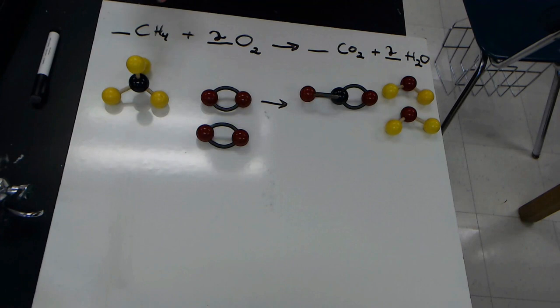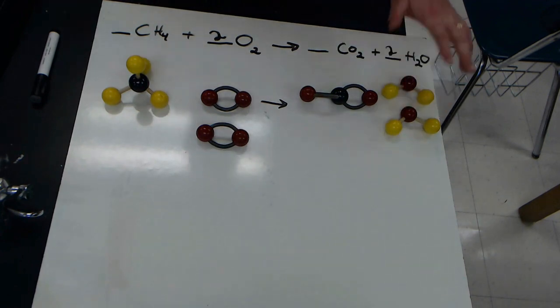I have 1 black carbon, and I have 1 black carbon. All I'm doing is comparing the left side to the right side and seeing if matter is being created or destroyed, or if everything is equal. It's called balancing because you want to make it equal. I have 4 yellow hydrogens, and on the other side, I have 4 yellow hydrogens.